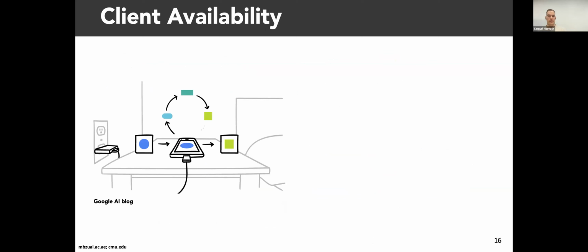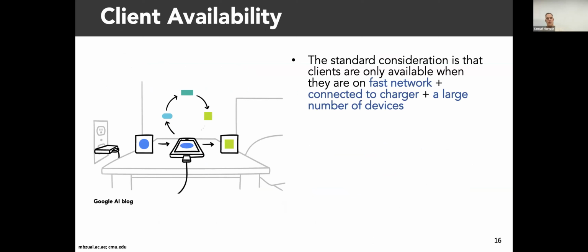Another important issue related to federated optimization itself is client availability. The standard in cross-device federated learning is that clients are only available when they are on a fast internet connection, for instance Wi-Fi, and when they are connected to a charger. This standard, together with the large number of devices, in some sense predefines the sampling process, and thus the server has limited ability to control it.